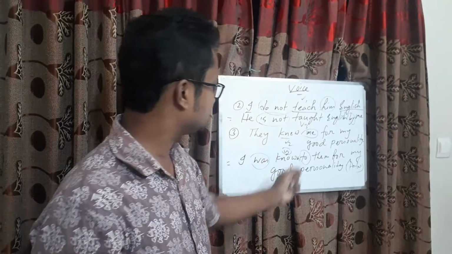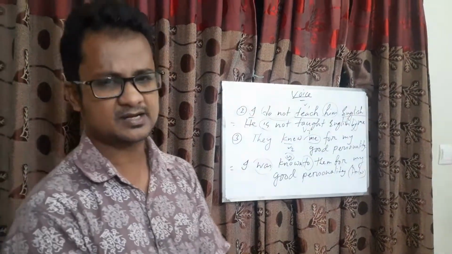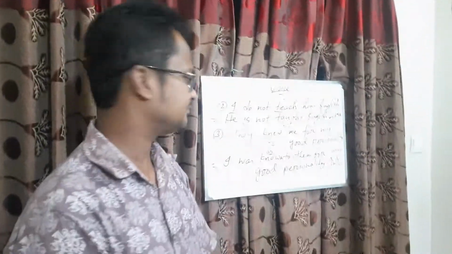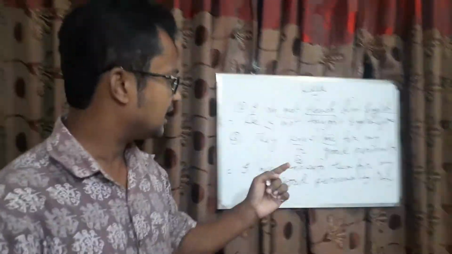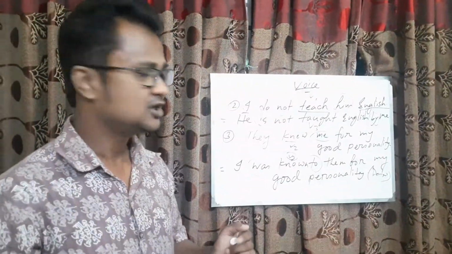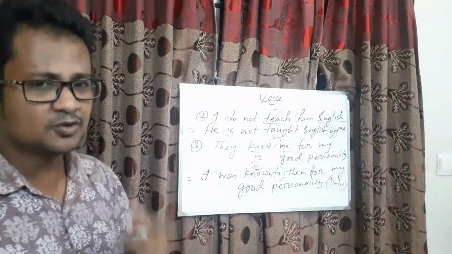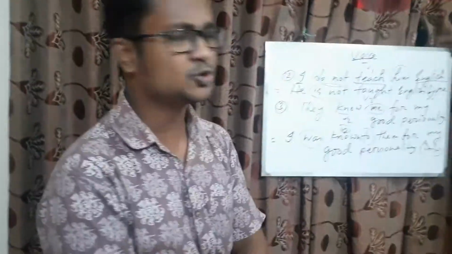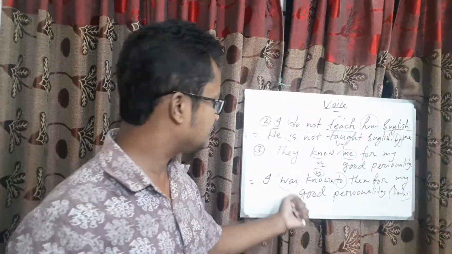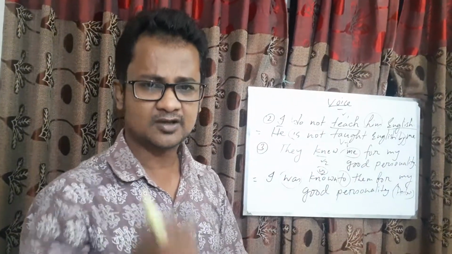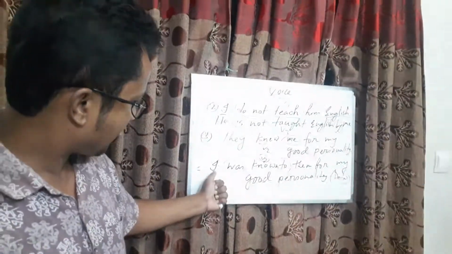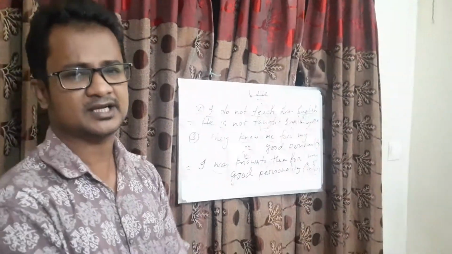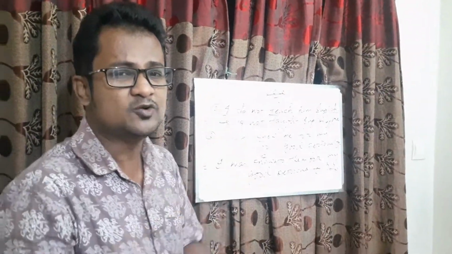So me, the object, will be the subject. I. What is the subjective form of me? I. And then the auxiliary verb will be there. So what is the auxiliary verb? Whenever we find V2 in the active voice, we will use was or were as the auxiliary verb. So with I, what can I use as an auxiliary verb?